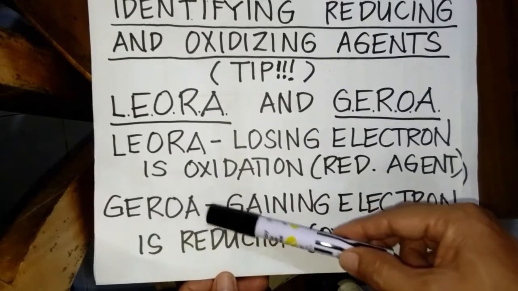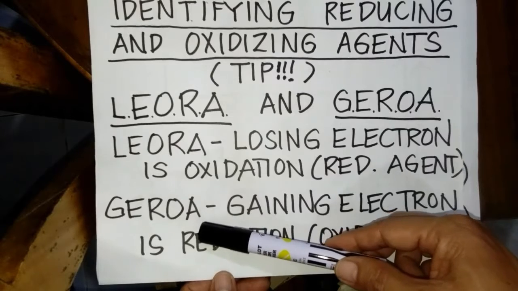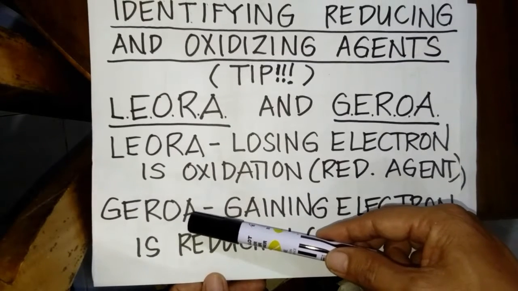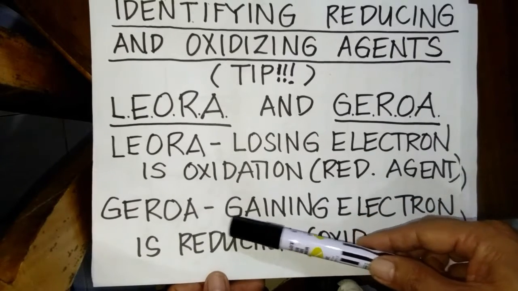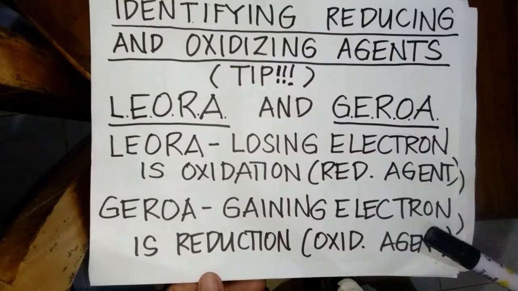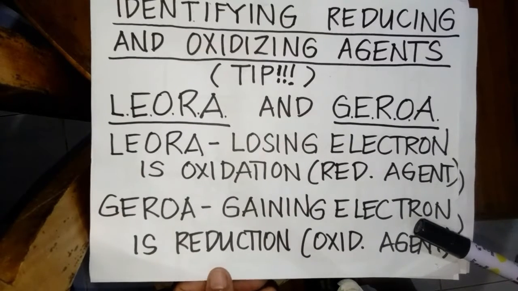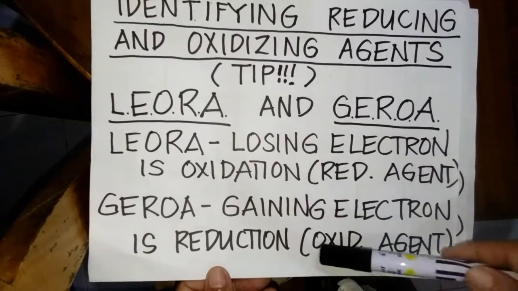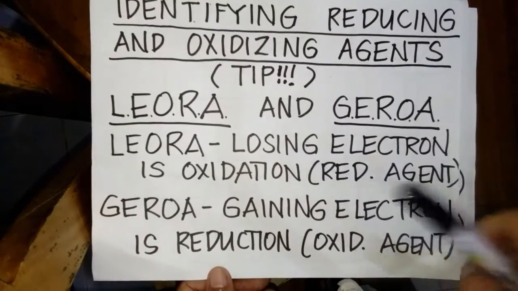This will be now our oxidizing agent in the reactant side. Remember, the oxidizing agent and the reducing agent will never be seen in the product side. We look for the oxidizing agent and the reducing agent only in the reactant side.